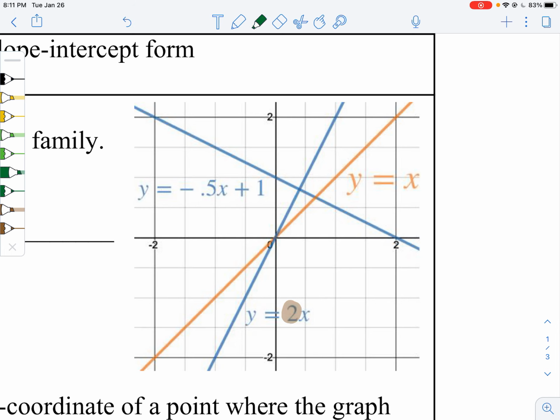Or I could add a plus 1 right there, and that moves it up 1. If I make this slope negative, then it goes down like that. So we're just messing with the function, but you'll see each of them has a y equals x inside. That's how you know it's a line.